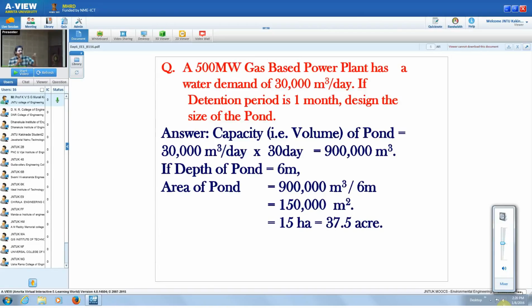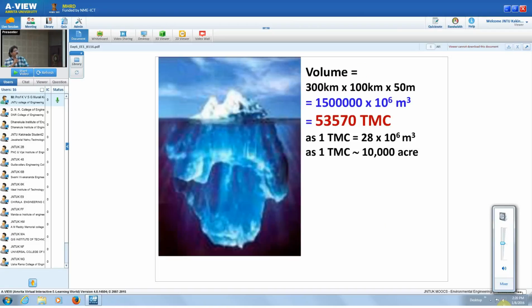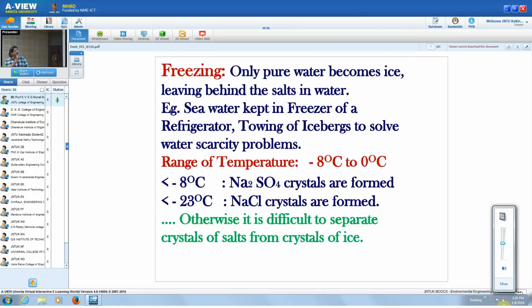Okay. Next, please. We have seen that freezing is a very age-old technique and a very important technique to convert seawater or saline water, highly saline water, even a brine concentrated salt solution, very easily to pure water or distilled water.